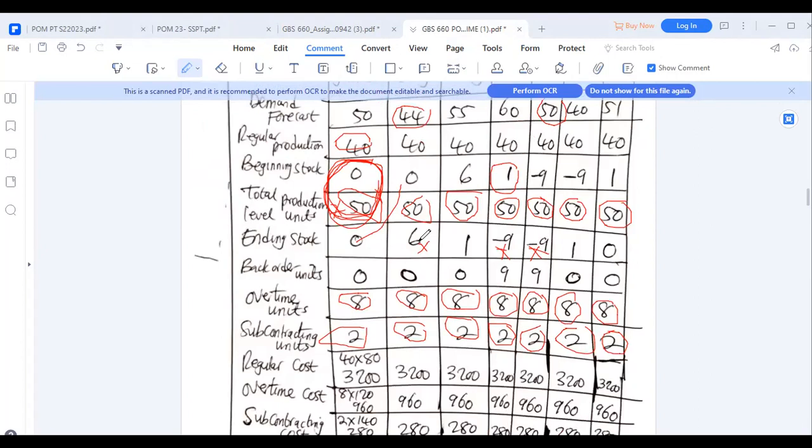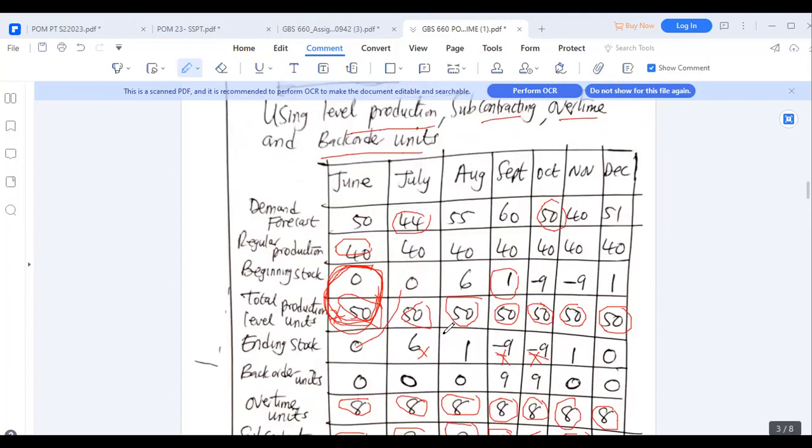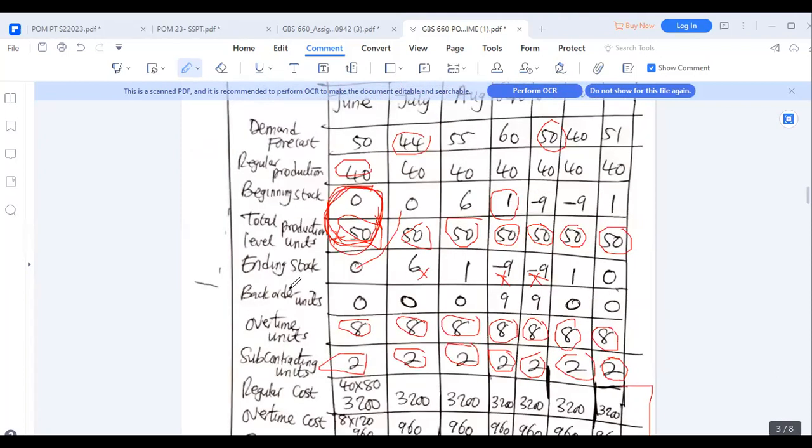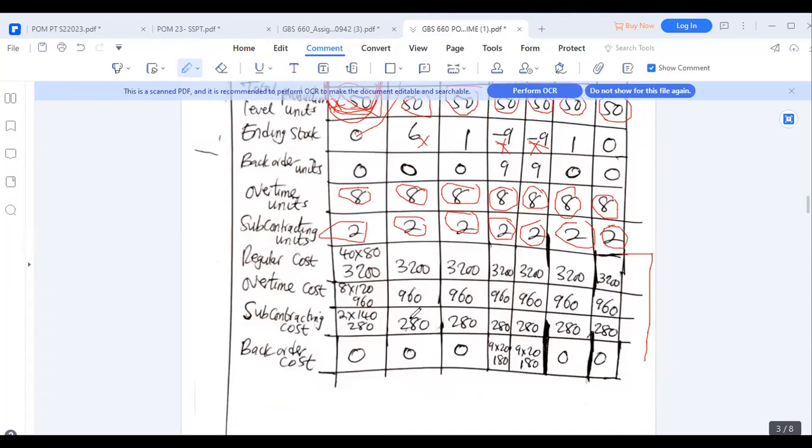That is it on the aspect of the regular cost. Overtime is constant at 8 multiplied by overtime cost per unit, which is 120, which is 960 throughout. Then subcontracting, we subcontracted 2 units throughout, so multiplying that by the subcontracting cost per unit of $140 gave us a 280 throughout.